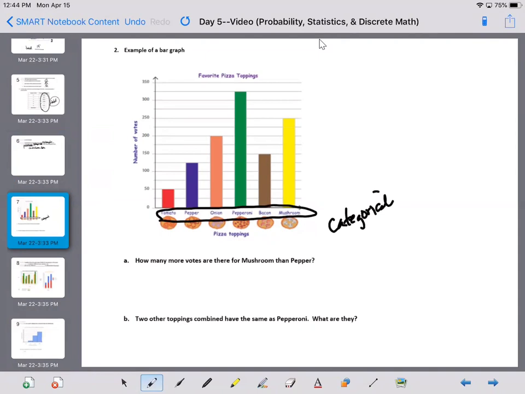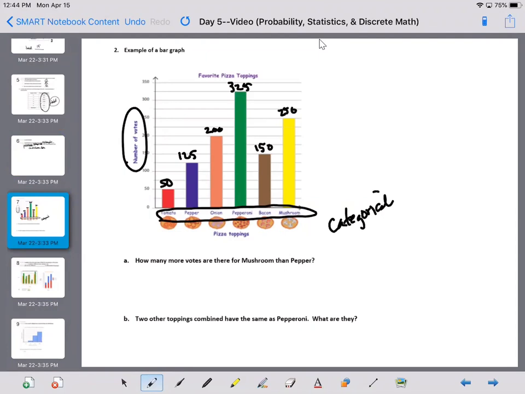So here we see tomato, there's 50. This is your number of votes. Pepper, there's 125. Onions, there's 200. Pepperoni, there would be 325. Bacon, we would see 150. And mushroom, we would see 250.